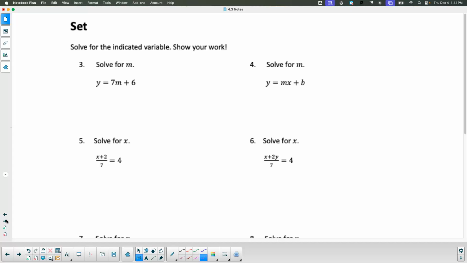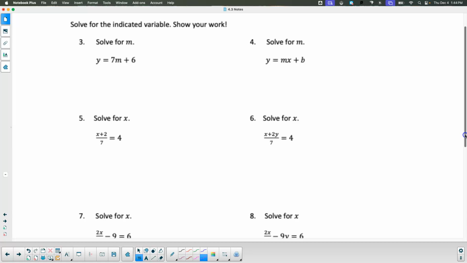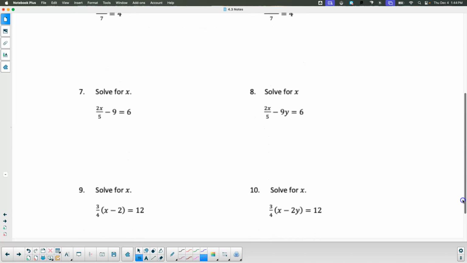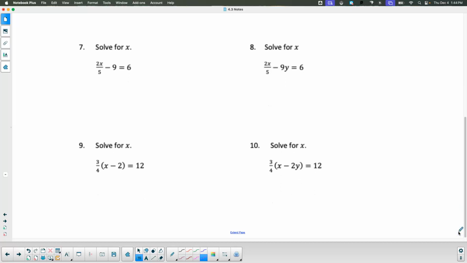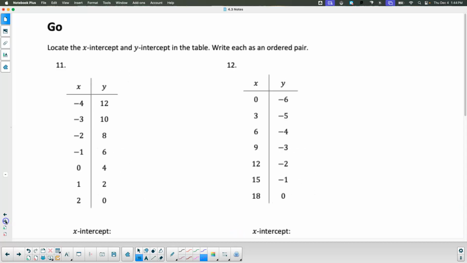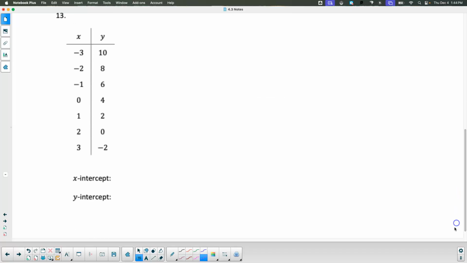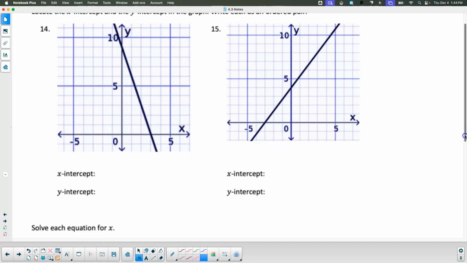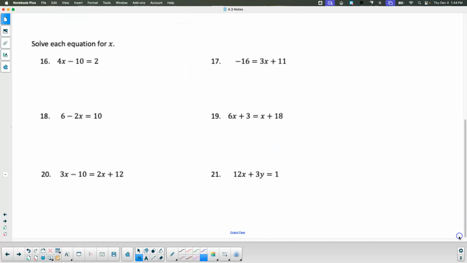Three, 4, 5, 6 are all solving for a specific variable. 7 and 8, and 9 and 10 are all still solving for a specific variable. Okay. X and Y intercepts from a table. Guessing the next one is going to be X and Y intercepts from a graph. Yep. And then solving the equations for X. All stuff we did today.